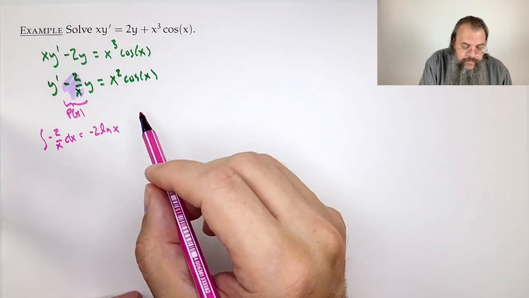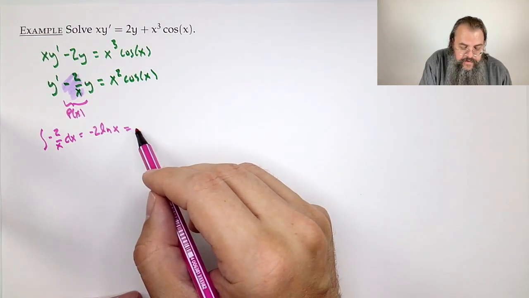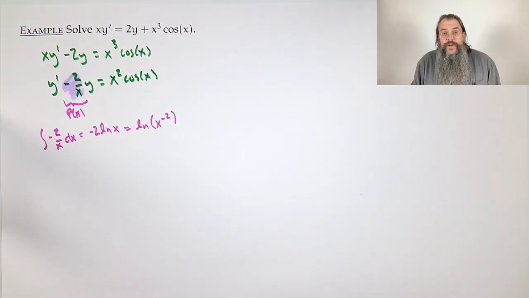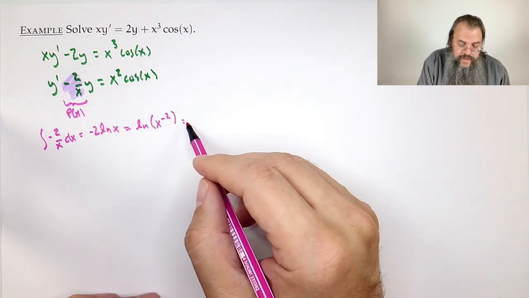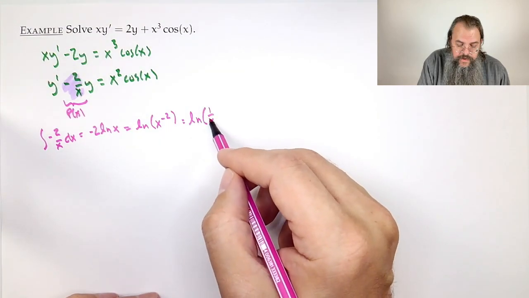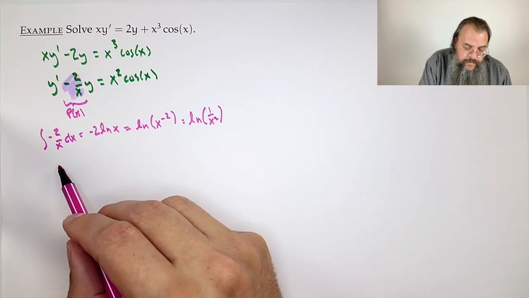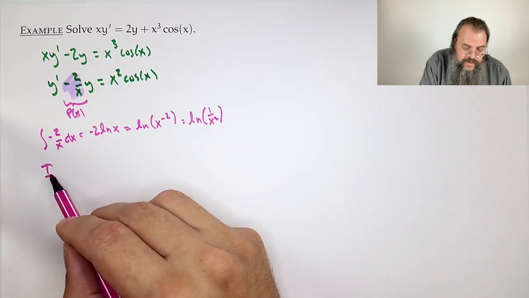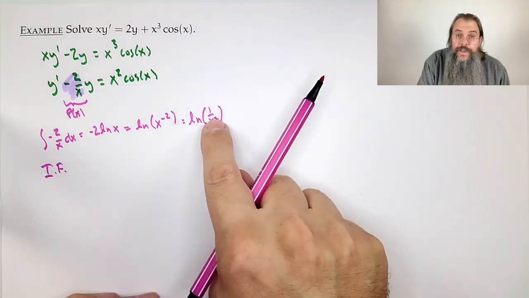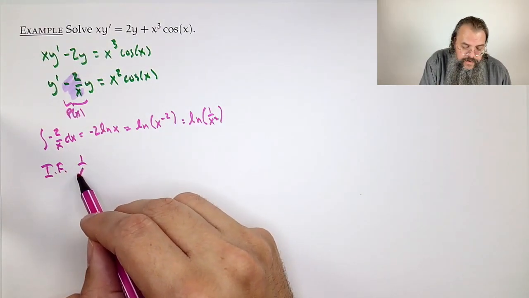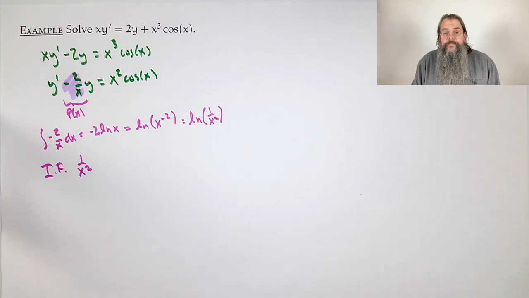All right. Well, that's the same as log of x to the minus 2 power. Or, if you like, that's log 1 over x squared. So, when we talk about our integrating factor, we're going to take e to that, and so our integrating factor is 1 over x squared.